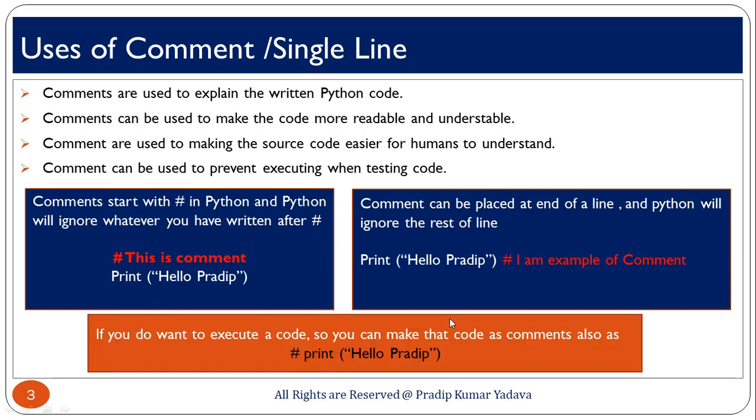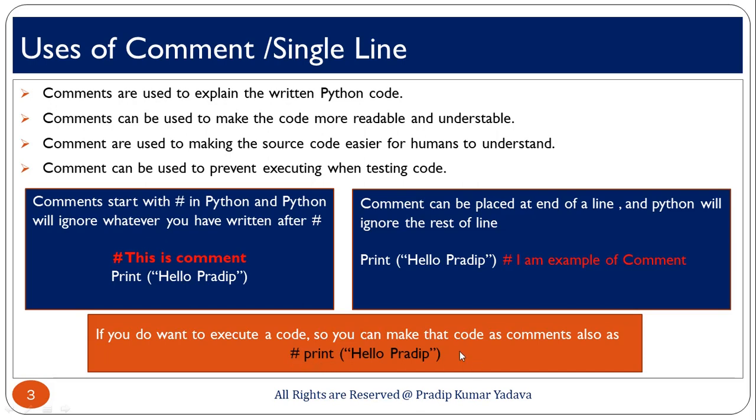And suppose you do not want to execute a code, you can make that code a comment also. You only have to write the hash sign and that particular code will become a comment.